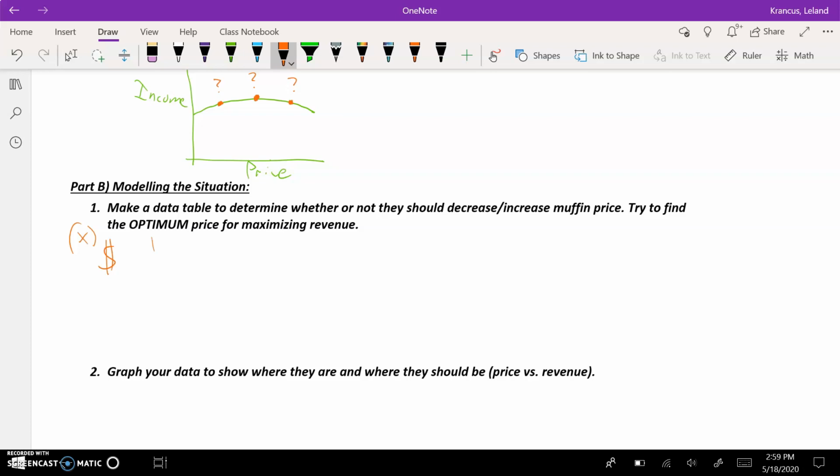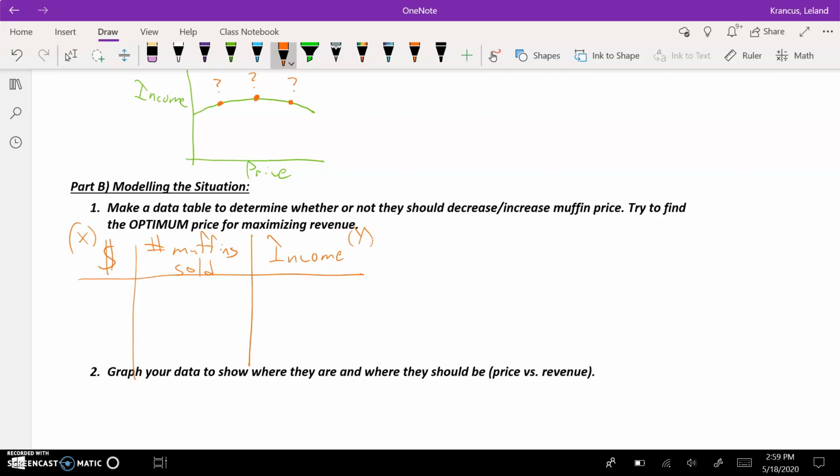Then there's their number of muffins sold. And if you multiply the price of a muffin by the number of muffins sold, you get their income. And we're going to use income as our Y variable. So you have a table something like this.